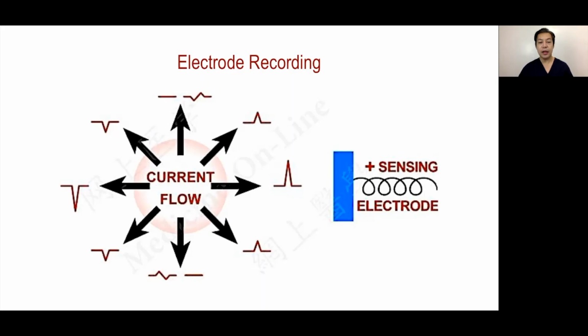If current flow is perpendicular, for example, going up like this one and going down like this one, and this is the perpendicular electrode. For example, let's take this waveform. If the current flow is going towards the recording electrode, it will initially record a positive deflection, but it's going to be small since it's perpendicular.